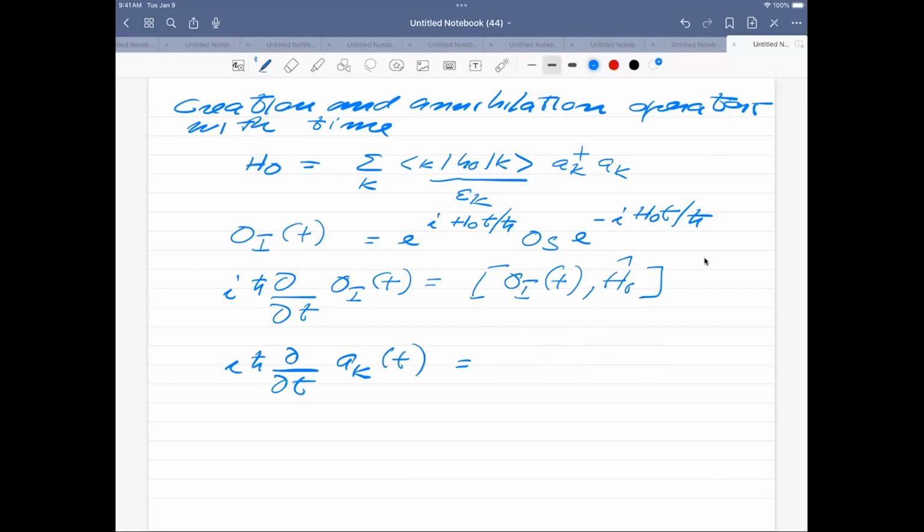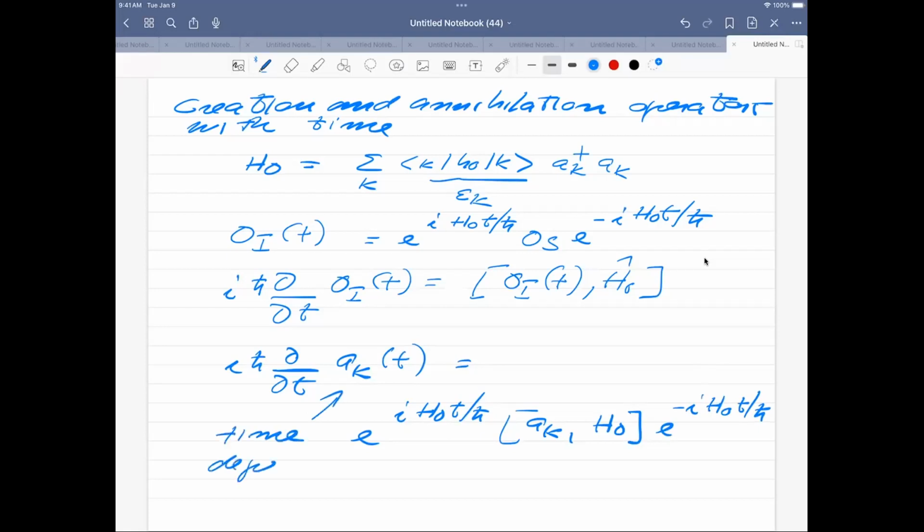So this is given by e to the i H0 t over h bar, and then I have the commutator of a_k with H0, and then I have e to the minus i H0 t divided by h bar. So this is the expression which we have for the equation of motion. The time dependence comes in here, so we have an explicit time dependence. And here we have no time dependence.